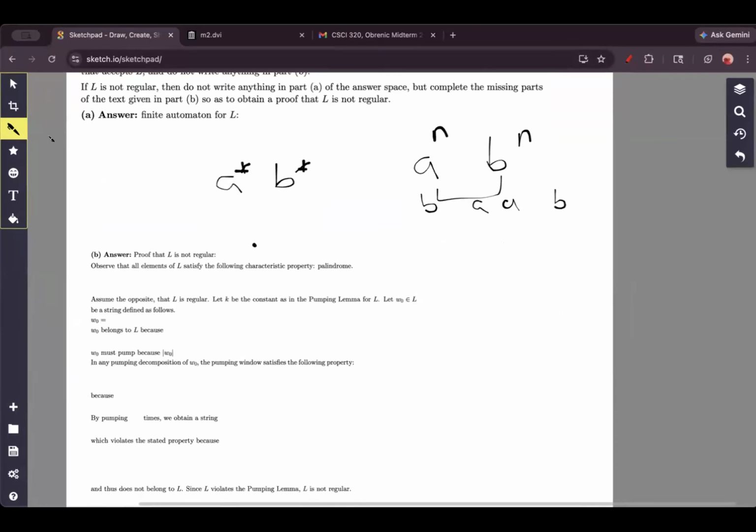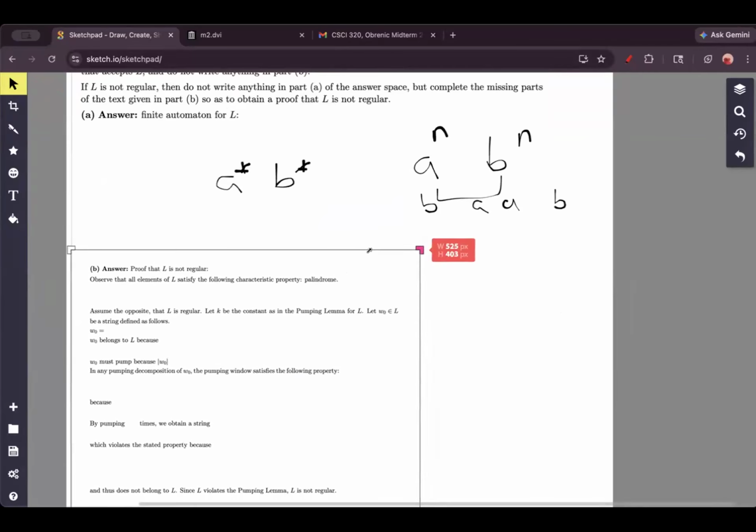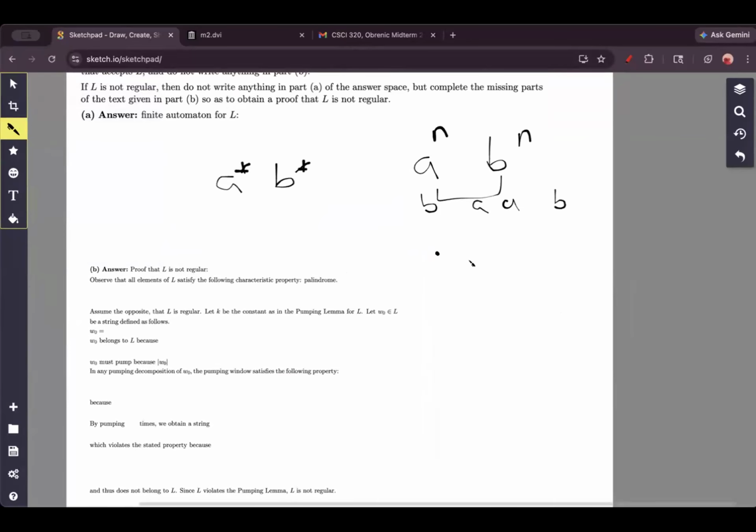Let me do the category thingy. Anything that's regular is automatically context-free, but not anything that's context-free is regular. So regular languages, then context-free languages, and on top of that I think is Turing decidable or Turing recognizable.